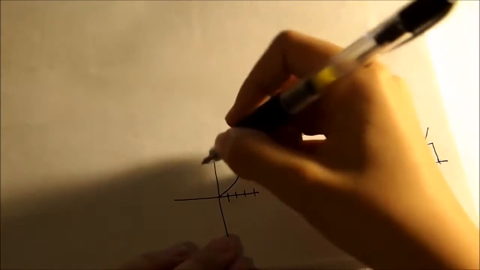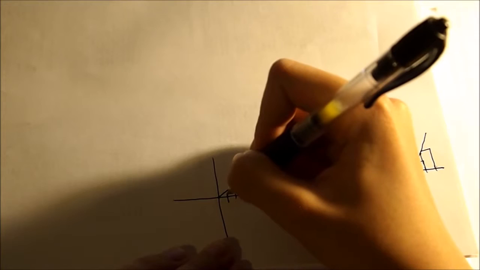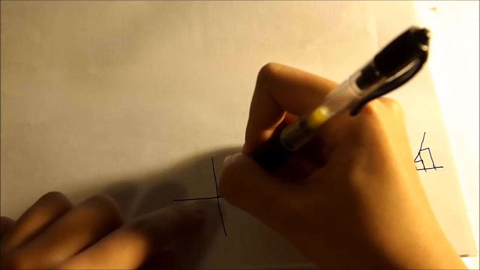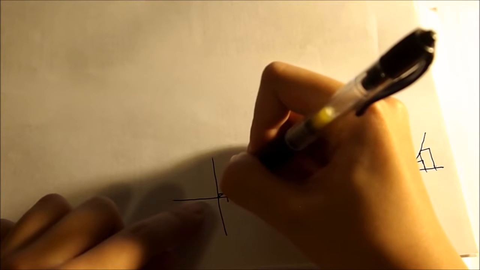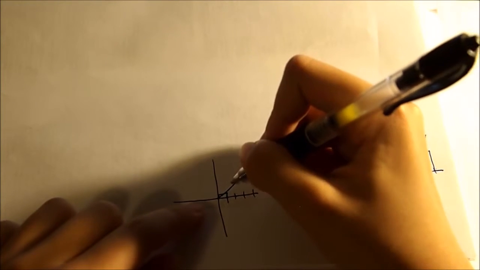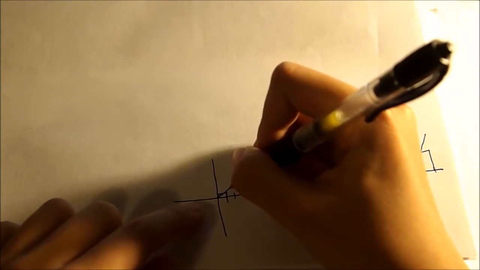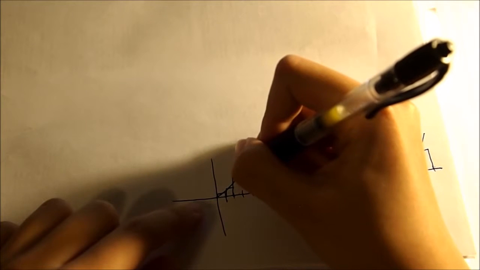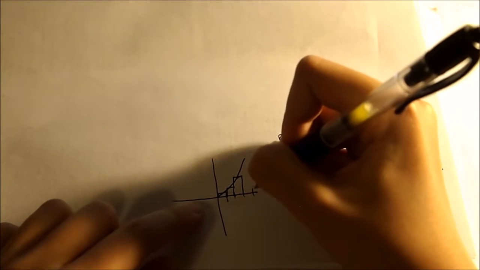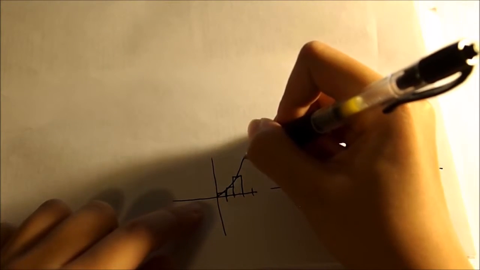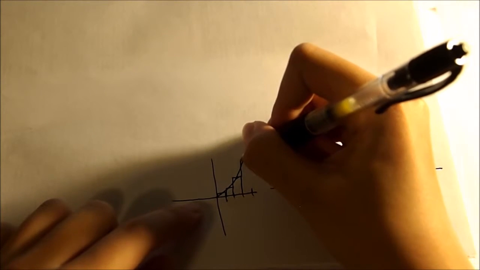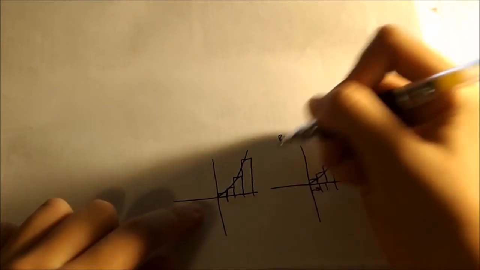For the midpoint, the height of your rectangle is the value at the midpoint of the subinterval. So here it'd be right here, here it'd be right here, and for here it'd be in the middle, probably right there, and it would look like that.